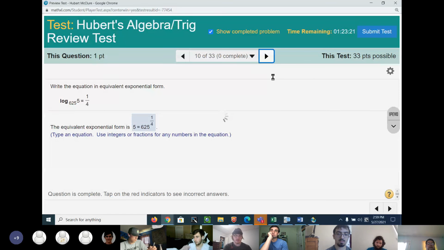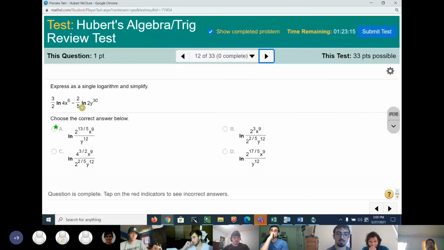Bonus. Okay, this one, you're going to raise that, bring that up. That'd be 3/2. Natural log of 4x to the 6 raised to the 3/2 minus natural log of 2y to the 30th, raised to the 2/5.